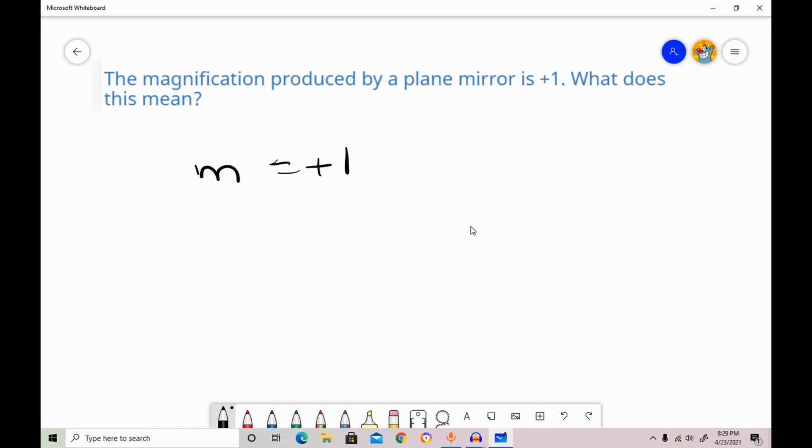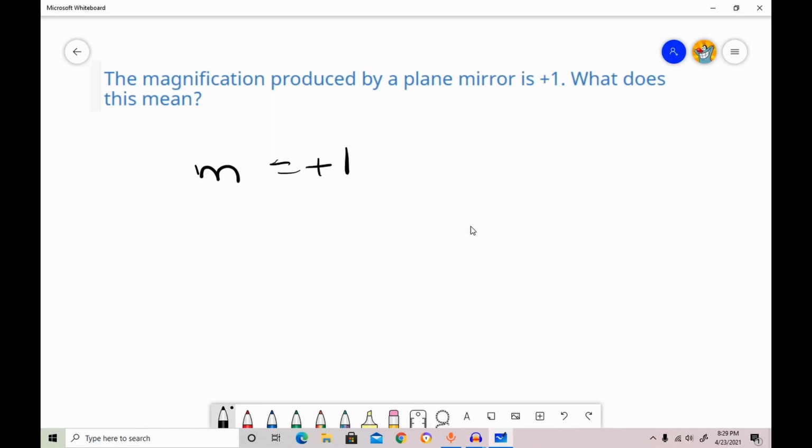Now m is 1, and also plus means, you know that one. Plus means the image is erect and it is real. Minus means virtual, plus means real. And m is 1 means the size of the image is the same as that of the object.